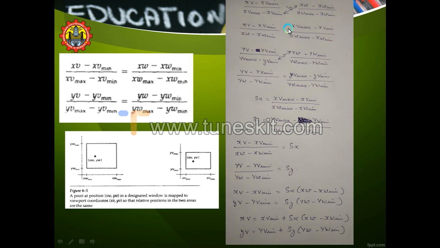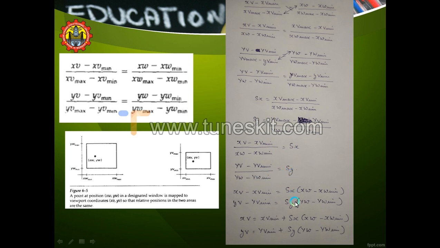Now this complete expression is replaced with Sx, and this complete expression is replaced with Sy. Class, is it clear? Now because we want to derive xv and yv, in this equation xw minus xw minimum goes to this side, and when it goes to this side, it is multiplied, right? See, in this it is represented like this, and y goes to this side and is represented with this.